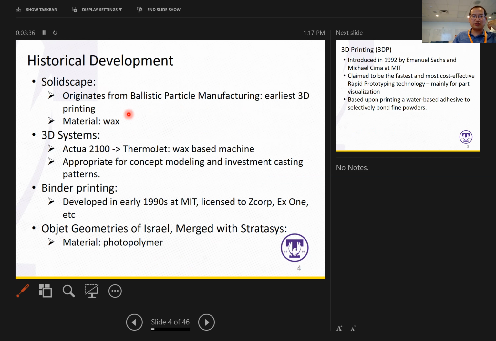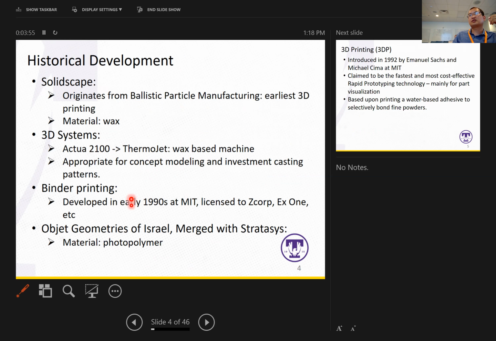And for 3D Systems, besides the SLA printer, the stereolithography printer, they also have jetting-based machines, right? They developed a wax-based machine, and also they have binder jetting machines as well.